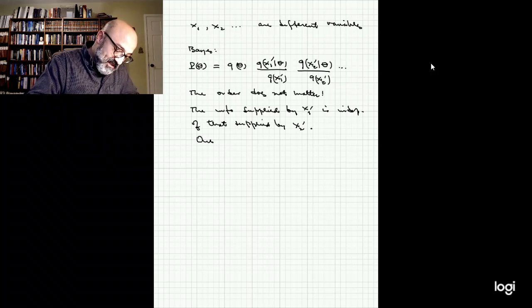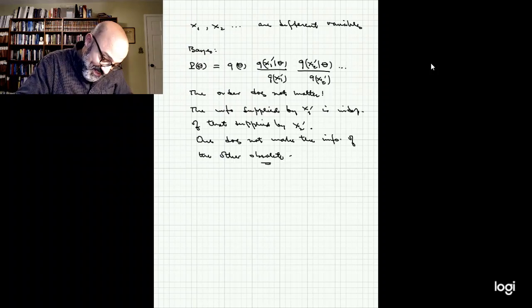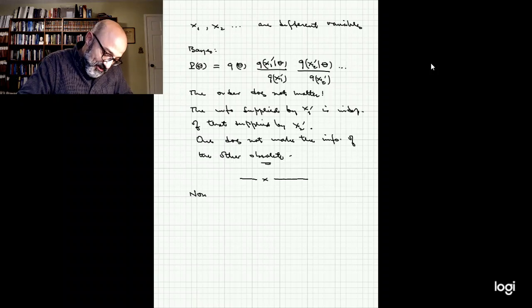One does not make the information of the other obsolete. Very good. Under those circumstances, things commute. So now, when is it that things would not commute? Now, that's non-commuting constraints.